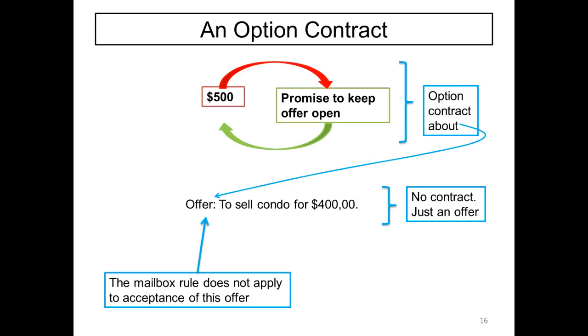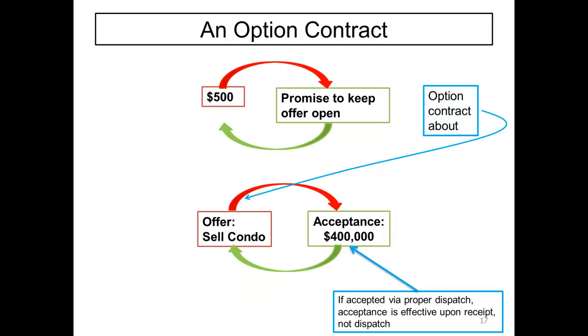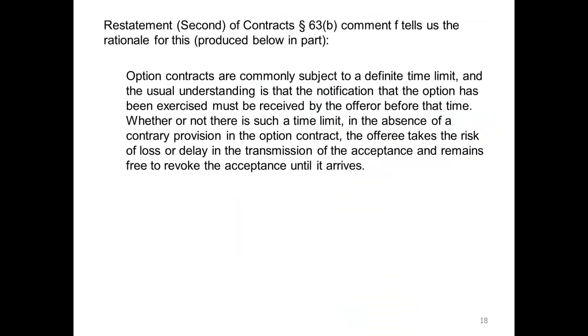So look here again, we've got our original option contract formed, but we haven't accepted the offer to sell the condo. The mailbox rule does not apply to acceptance of the offer to sell the condo. Once you've got that acceptance going out there, if you accept via proper dispatch, your acceptance of the offer to sell the condo is going to be effective only upon receipt, not upon dispatch, because the mailbox rule doesn't apply to that acceptance.